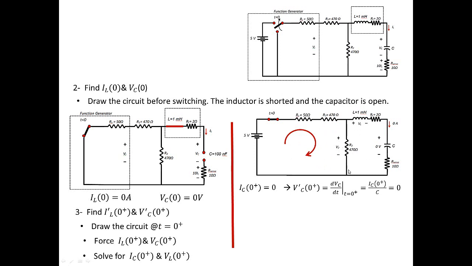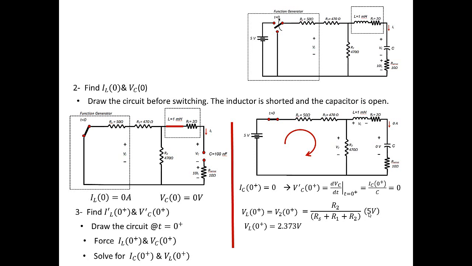Now I need to solve for V2. To solve for V2, it will act as a voltage divider because those resistors are in series, basically through KVL. So we can say that VL at 0 plus will equal V2 at 0 plus, and using the voltage divider, it's basically R2 over RS plus R1 plus R2 times the total voltage, which is the 5 volts. When we solve for that, this is going to be 2.373 volts.